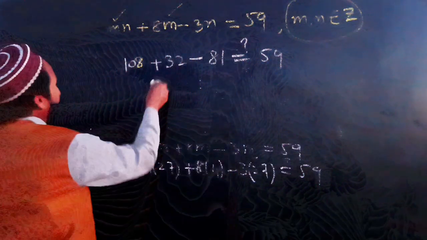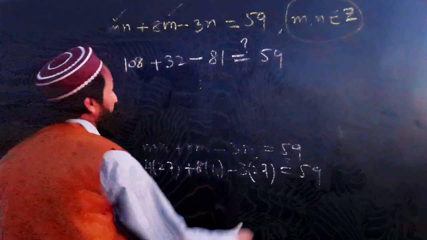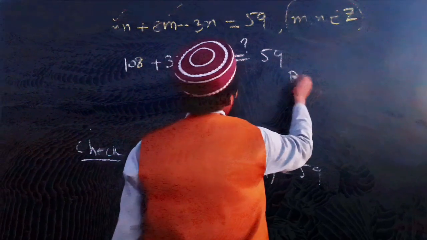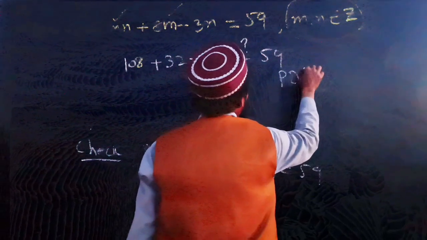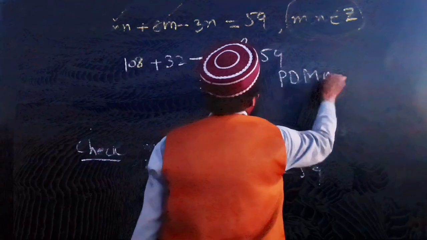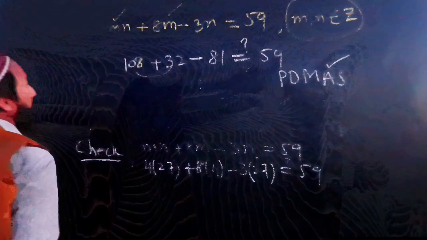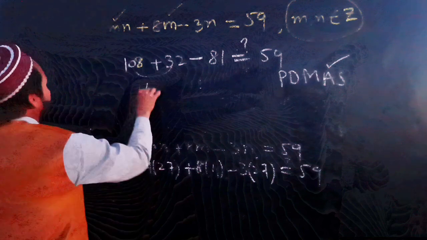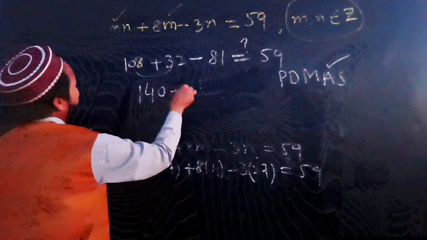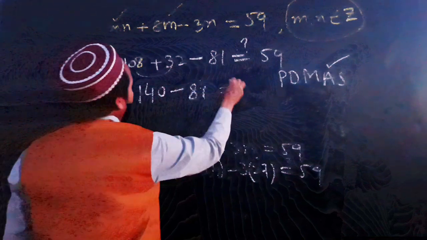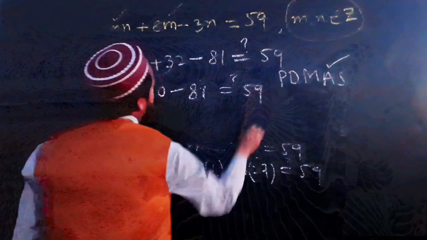Now in case of the math rules, we are using first addition. So we add this result, we get 140 minus 81, is it 59?